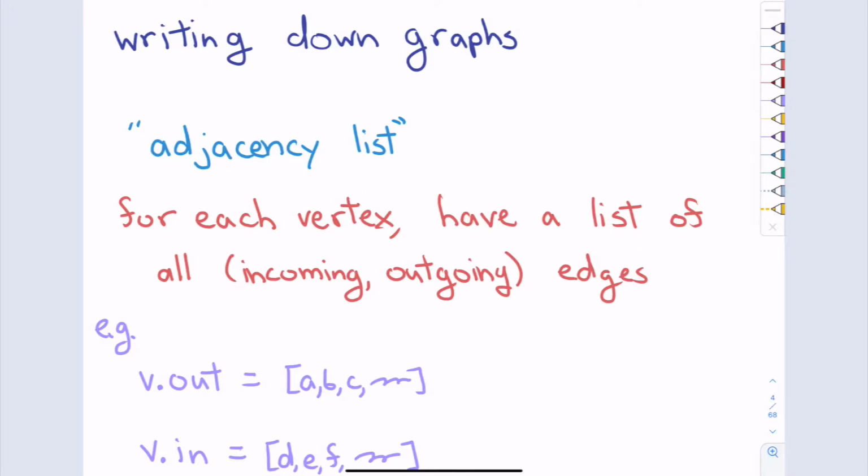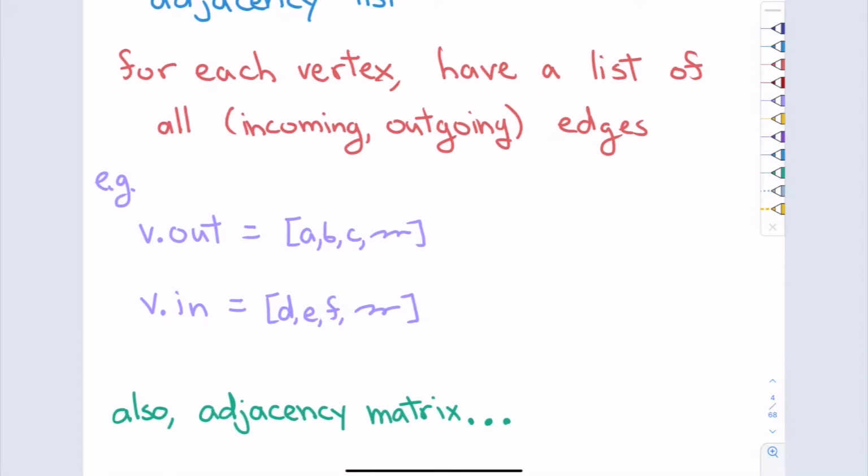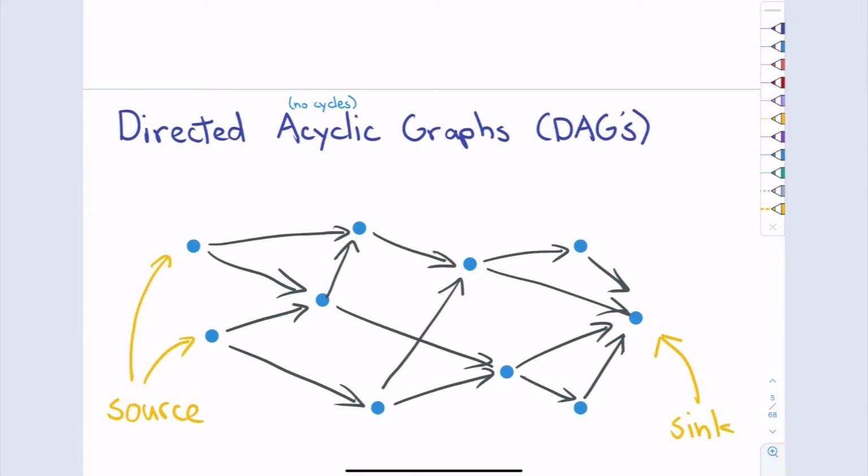One basic way is to have what's called an adjacency list, which is just for each vertex, list all the edges that leave it, and all those opposite endpoints, and so forth. The main alternative is an adjacency matrix, where you make an n by n two-dimensional array, and you just put a 1 there between u and v if there's an edge between u and v.